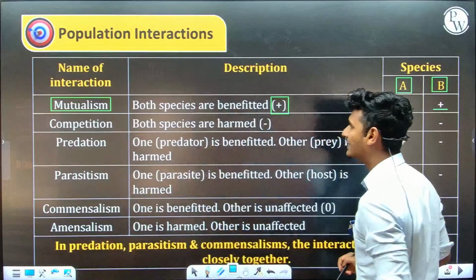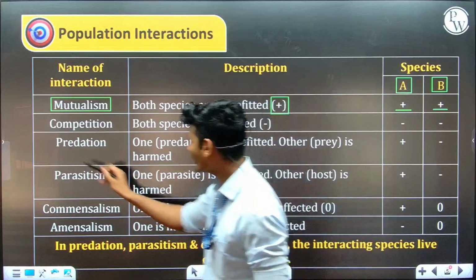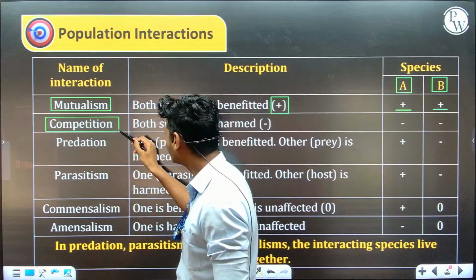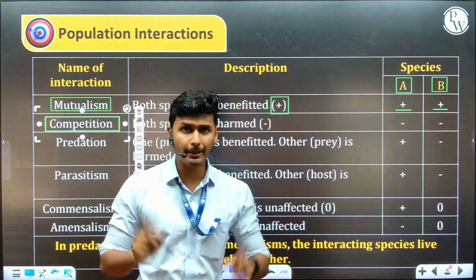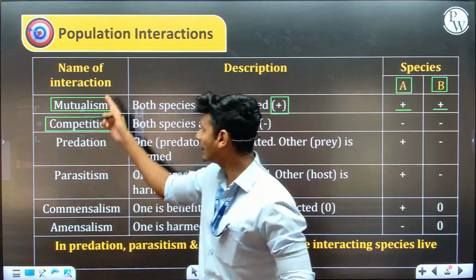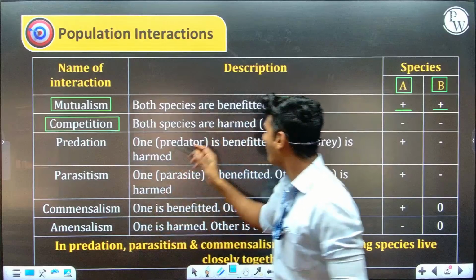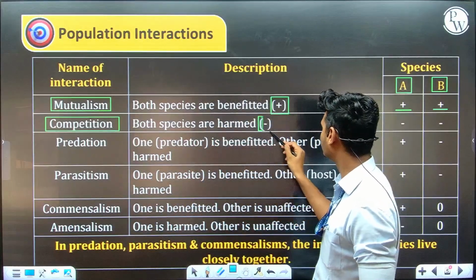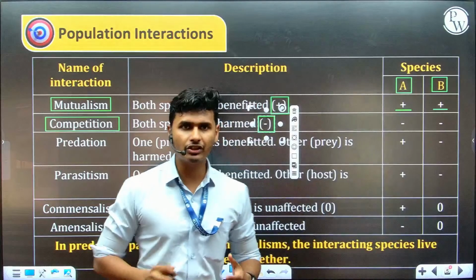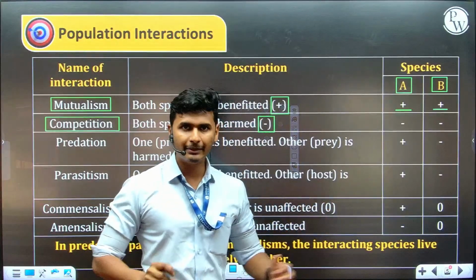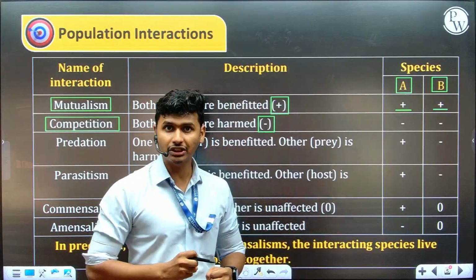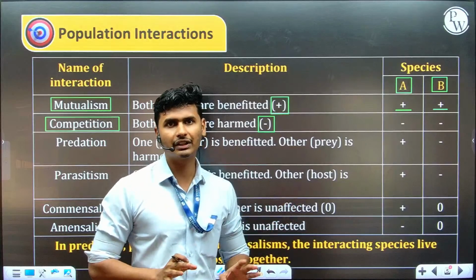Now the second one is competition. In competition, if 2 individuals are in an interaction of competition, both species are harmed. If they are competing for the same resource, they are going to attack each other and both individuals get harmed.